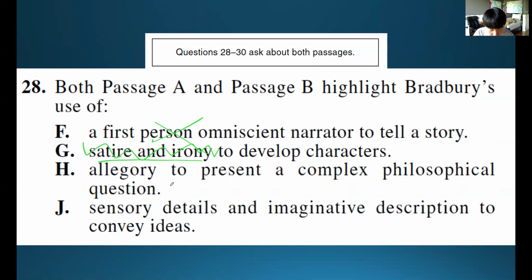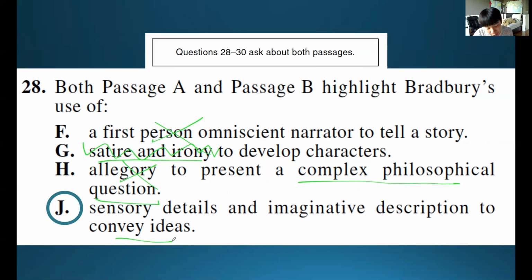Does either one have a complex philosophical question? The only philosophically complex thing I saw in either passage was in passage A, when he's talking about his new word development strategy. No. There's nothing about allegory. So the answer becomes J, sensory details and imaginative descriptions to convey ideas.